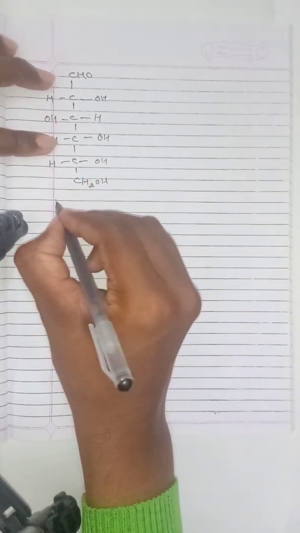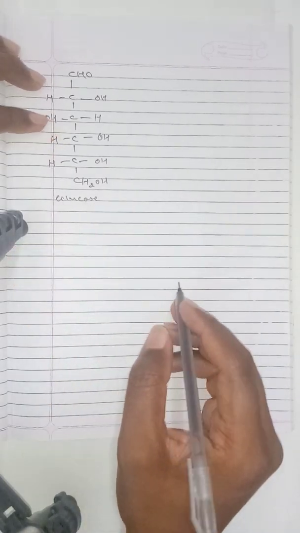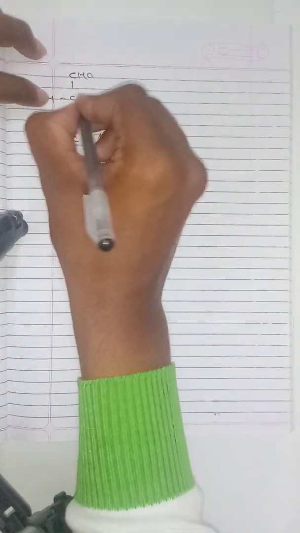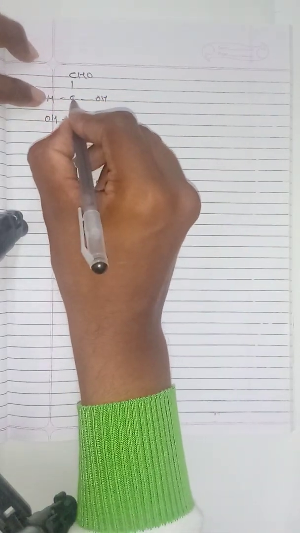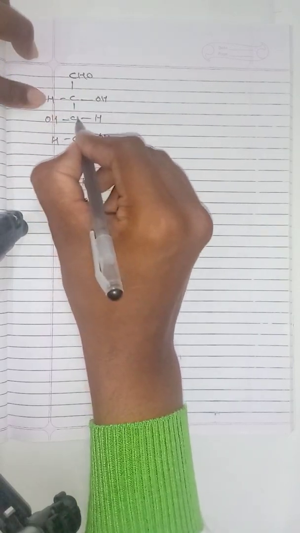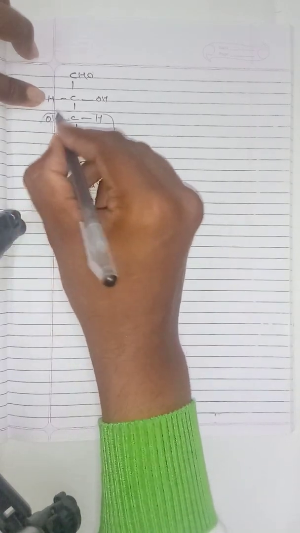This is the structure of glucose. This carbon is not a chiral carbon. For this carbon, there is one hydroxyl group, here hydrogen, carbon, and the rest of the molecule, so this is a chiral carbon, same as here.